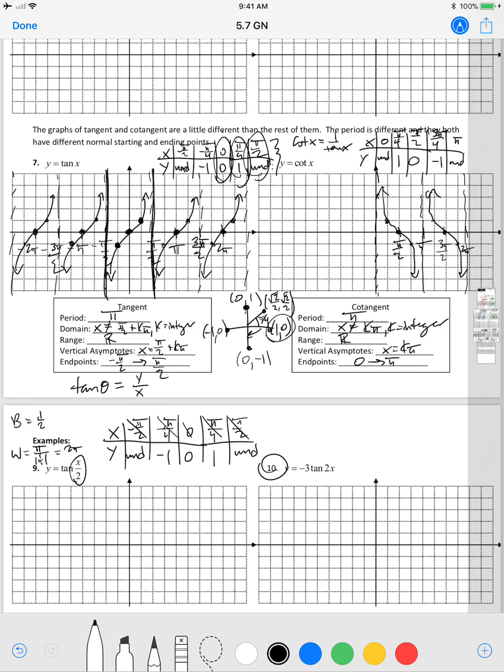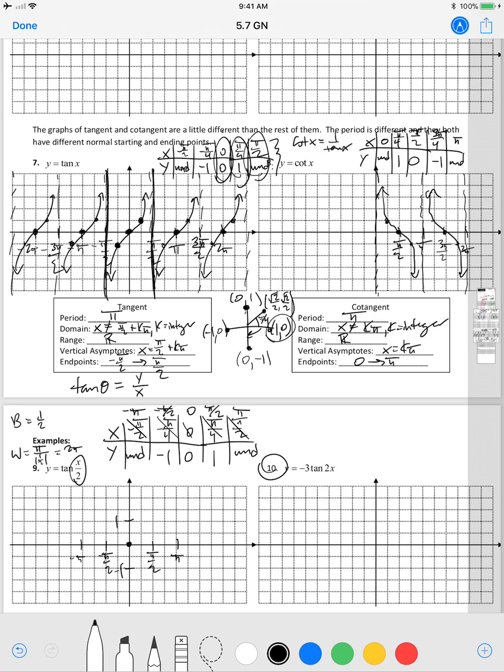So instead of going from -pi over 2 to +pi over 2, I'm going to go from -pi to +pi. Still at 0, then I'll count by pi over 2's. So -pi over 2, -pi, pi over 2, +pi, +1, -1.